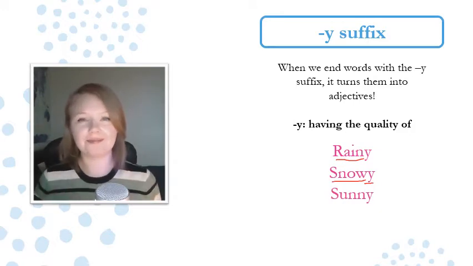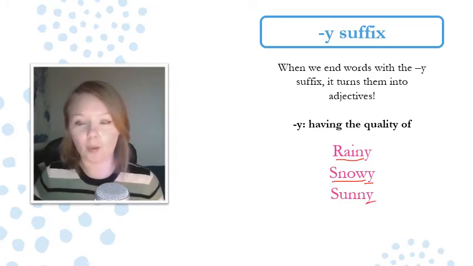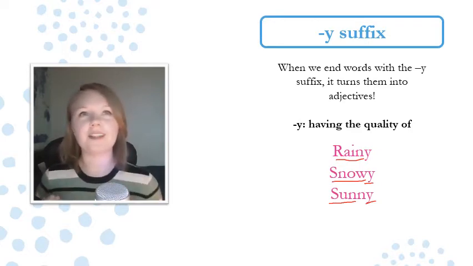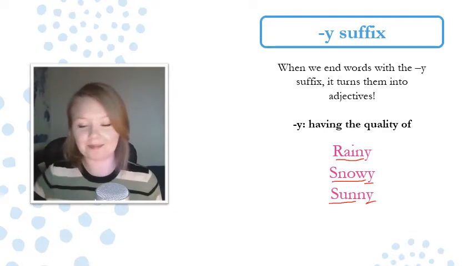Sunny. A word we all know, and we can totally guess what it means because here we see we have our Y, and we turned the noun sun into an adjective. In summertime, I love the sunny weather. This means the weather has the quality of having a lot of sun.